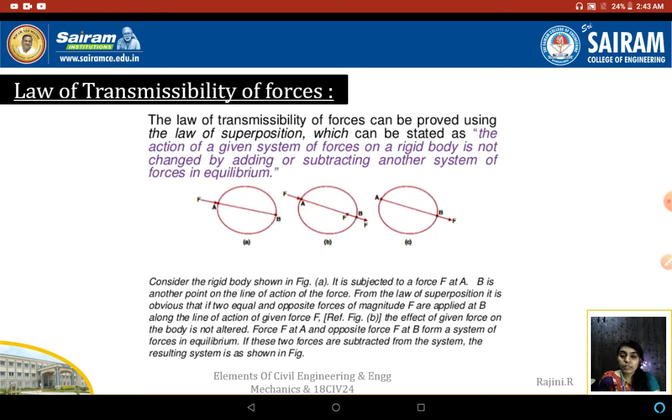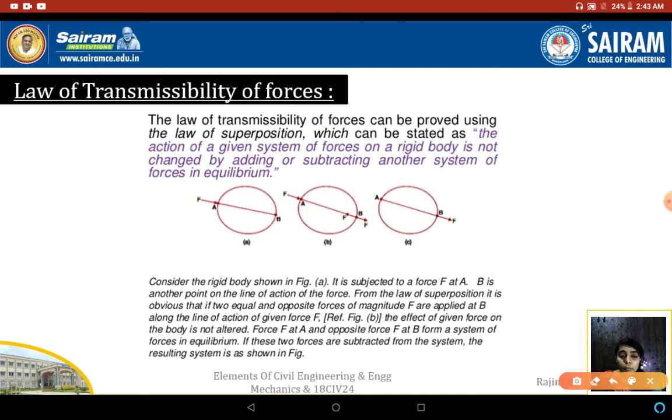Consider the same thing. Consider the rigid body shown in the figure. It is subjected to a force F at A. B is another point on the line of action of the force.